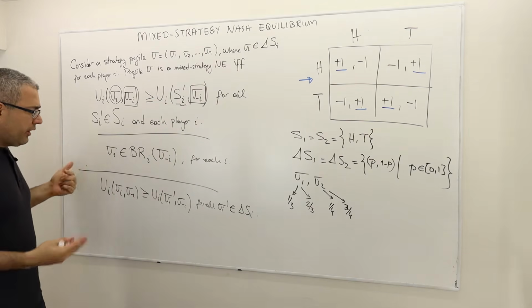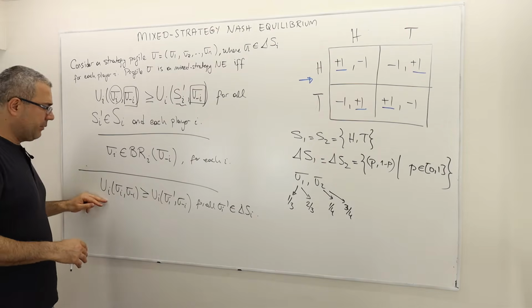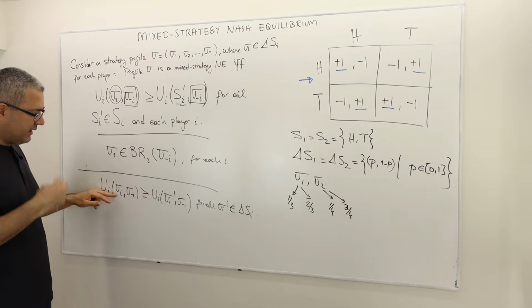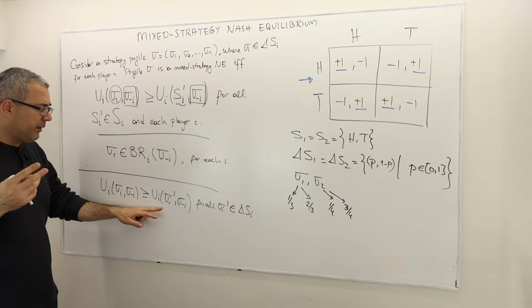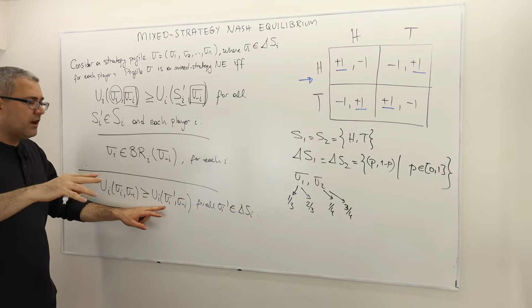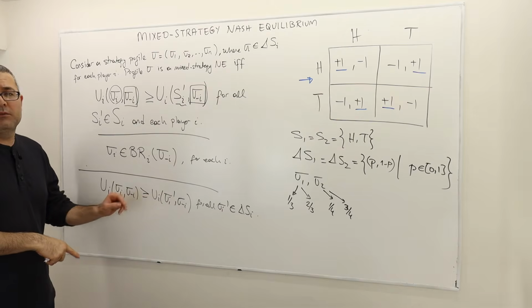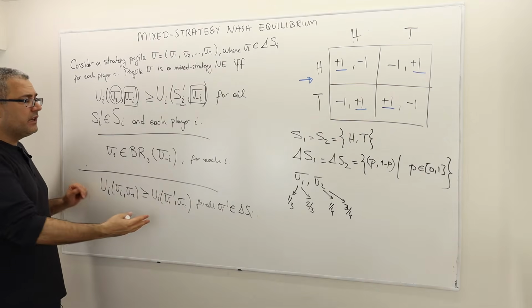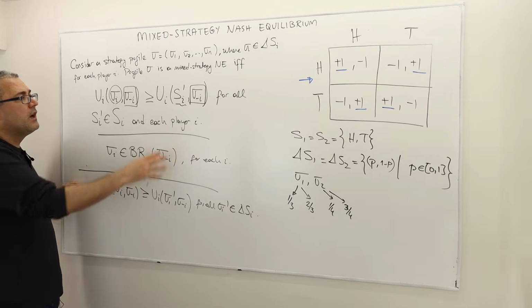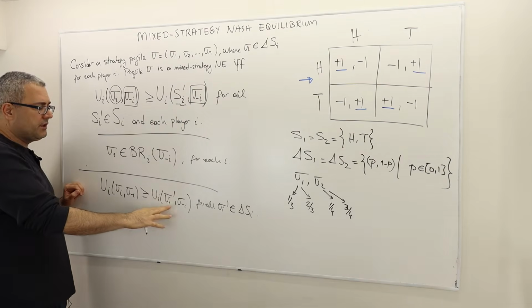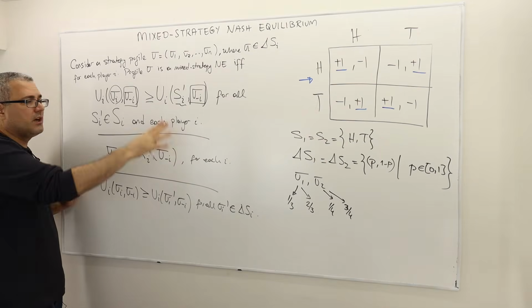Alternatively, you can make a similar comparison, but this time I'm asking: is sigma_i giving player i the highest payoff in comparison to every other pure and mixed strategy available to player i? Clearly here I am making more comparisons, because all pure strategies are also mixed strategies, but not all mixed strategies are pure.